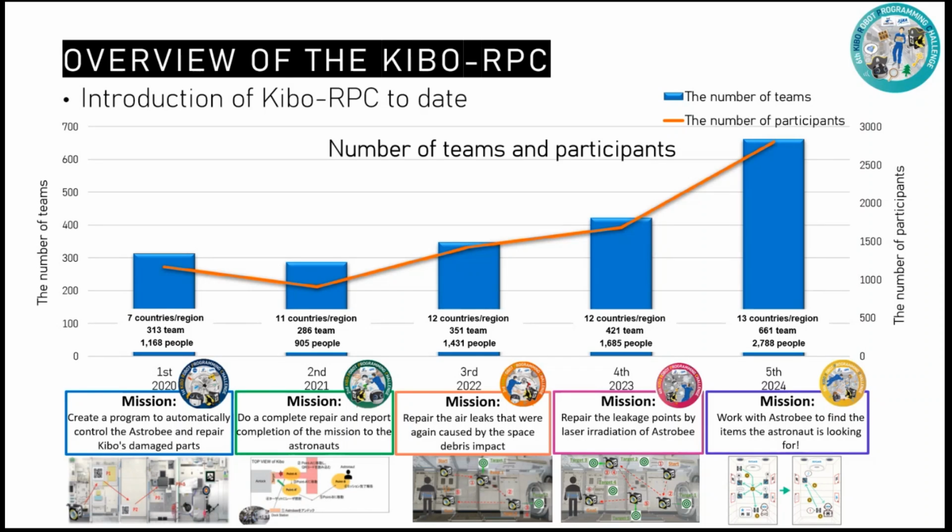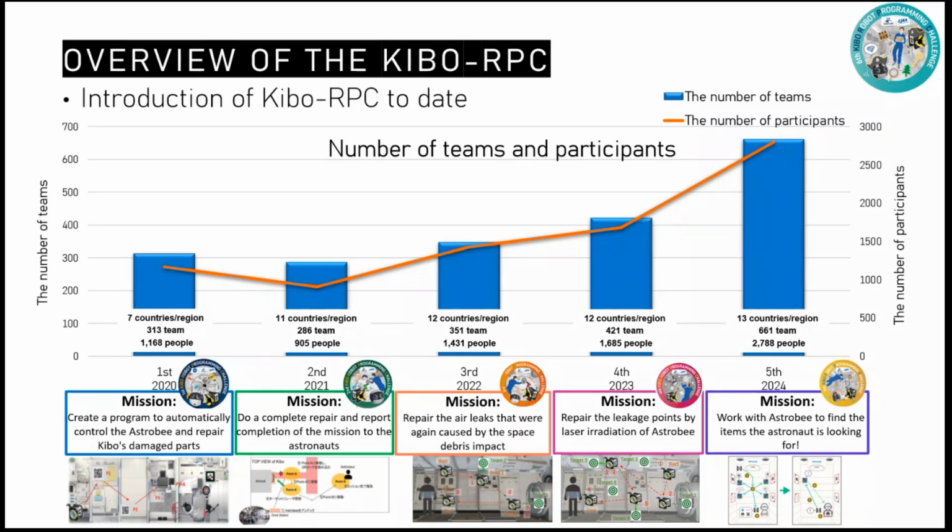In 2020, we had 7 countries and regions, and last year we had 13 countries and regions. For teams, we had around 300 in 2020, and last year we had around 660 teams, which is a great increase.